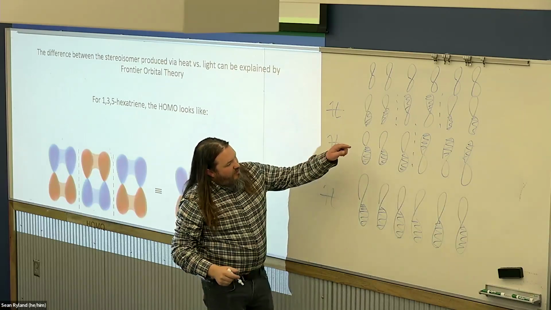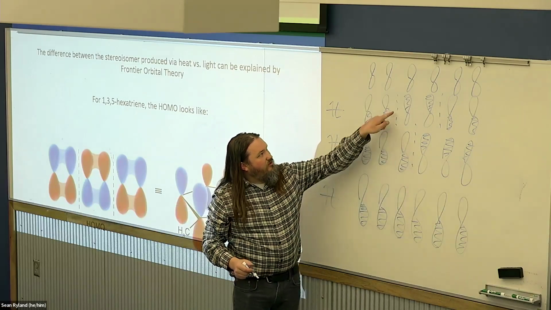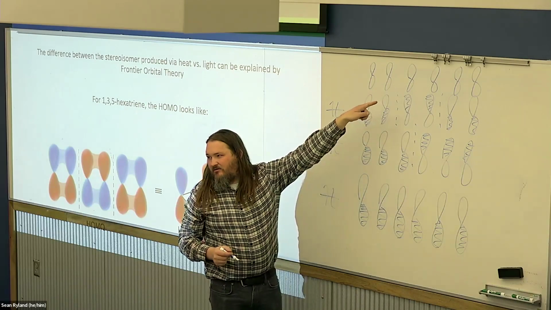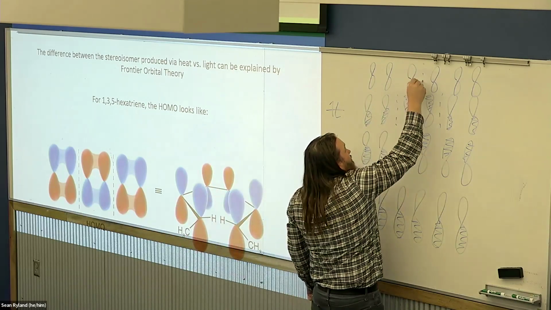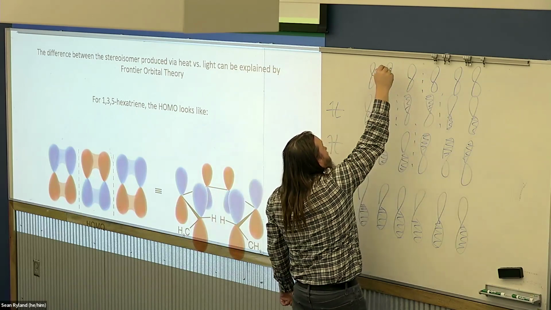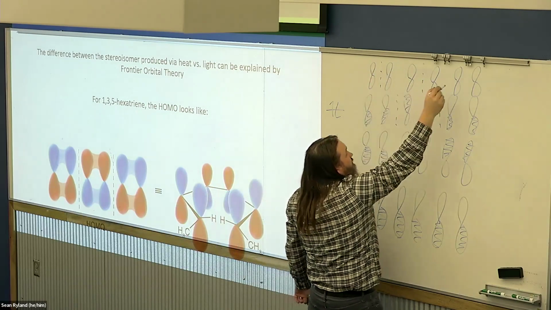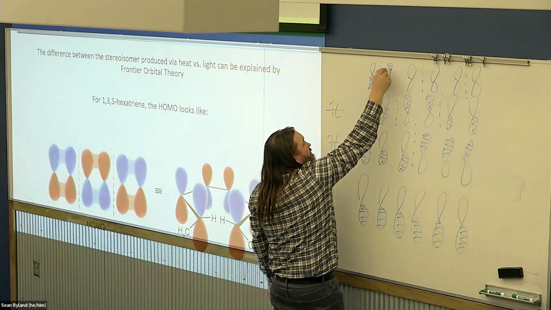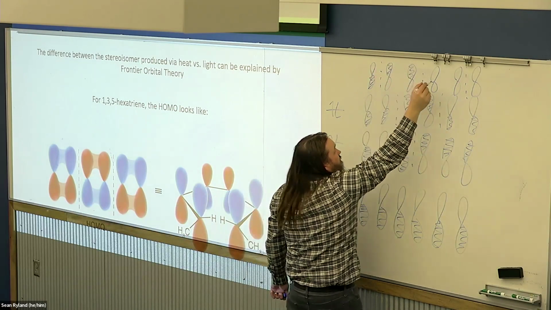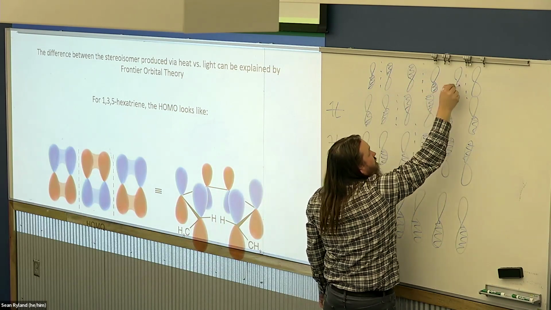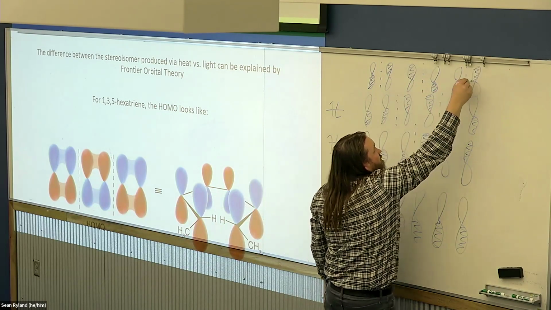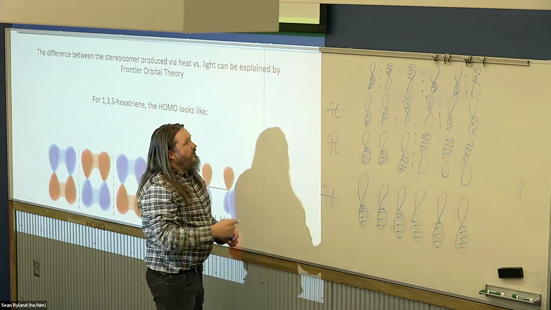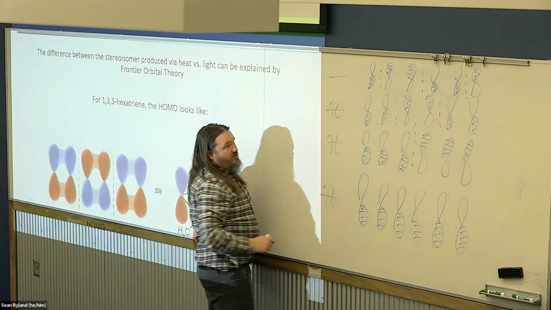So now we added no nodes, 1 node, 2 nodes, now we need 3 nodes. Again, it doesn't really matter because all that matters is that we show the phases switching. And that doesn't have any electrons in it.